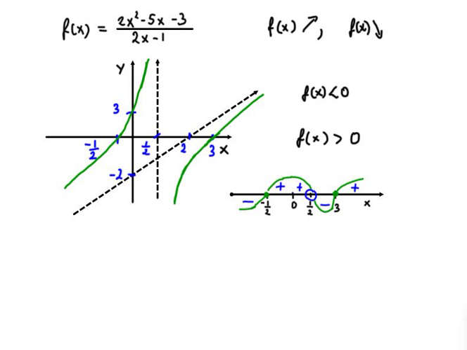Okay, so the green curve that passes through negative 1 over 2 and positive 3 on the x-axis behaves according to two asymptotes. There's a slant asymptote, so this is the end behavior of the function.